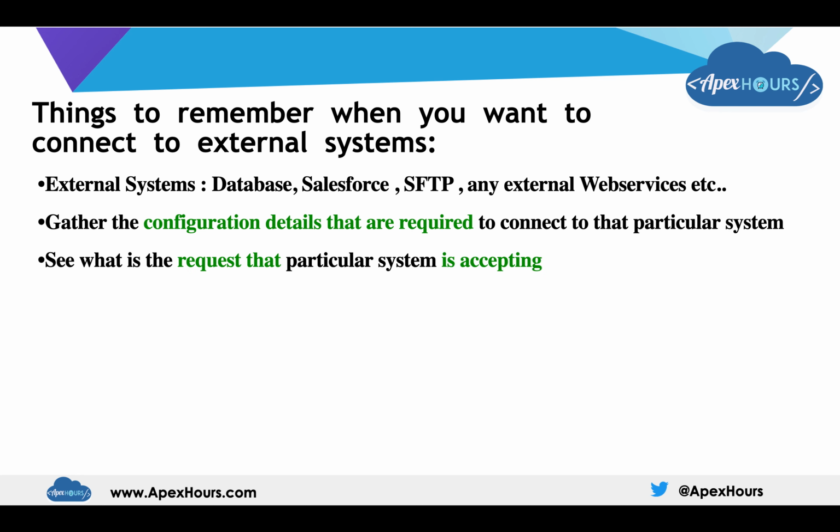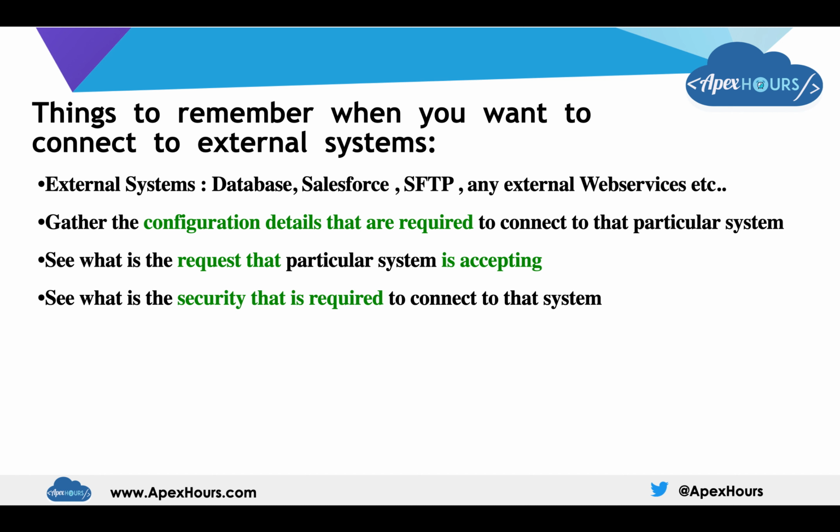Next, see what request that particular system is accepting. Suppose there is an API that was developed by some other person. He must have had some API specifications, like what kind of request it is accepting, right? And what security is required to connect to that particular system. For example, it might need additional authentication, or it might require an API key. Those are security things, right?